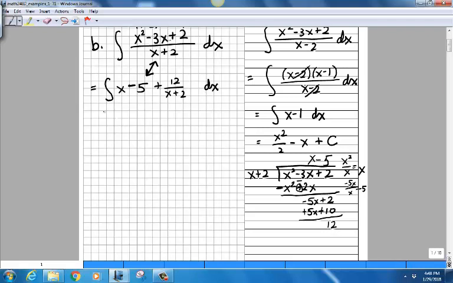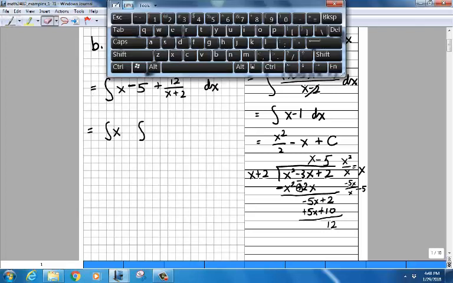Now we're going to try to carry out the integration, looking at the integrand written in this form. And this actually allows us now to carry out the integration, because we can now integrate term by term. So I have the antiderivative of x minus the antiderivative of 5. Let me be sure to write my dx's here.